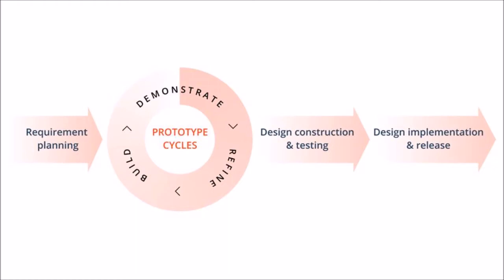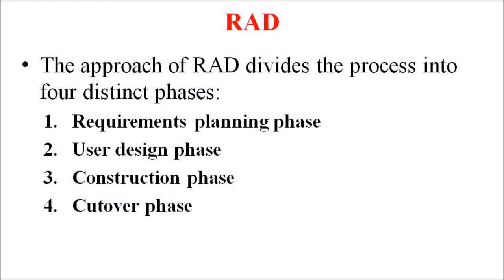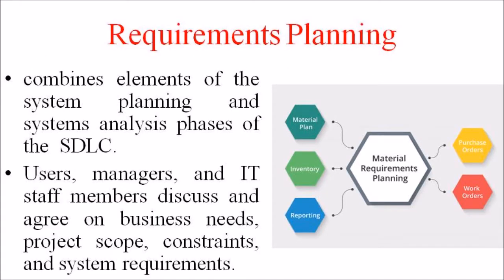The approach of RAD divides the process into 4 distinct phases. Those phases are the requirement planning phase, secondly the user design phase, thirdly the construction phase, and the fourth one is the cutover phase. When it comes to the requirement planning phase, that is phase number 1, this phase combines elements of the system planning and system analysis phases of the system development lifecycle, that is the SDLC model.